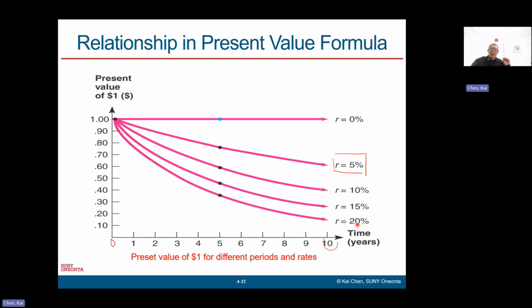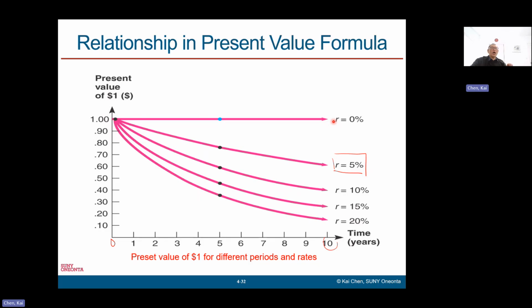However, there is a special case. That is when R equals 0. Now we can see when R equals 0, the present value profile is a horizontal straight line. What does this mean?